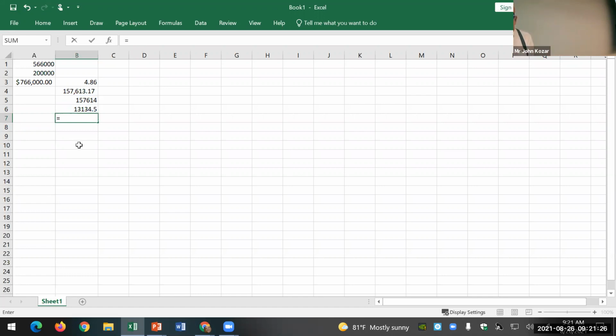And then if I divide it by 30, that takes us up to 438 people per day in order to get that $200,000 of profit. So that might be a little trickier.